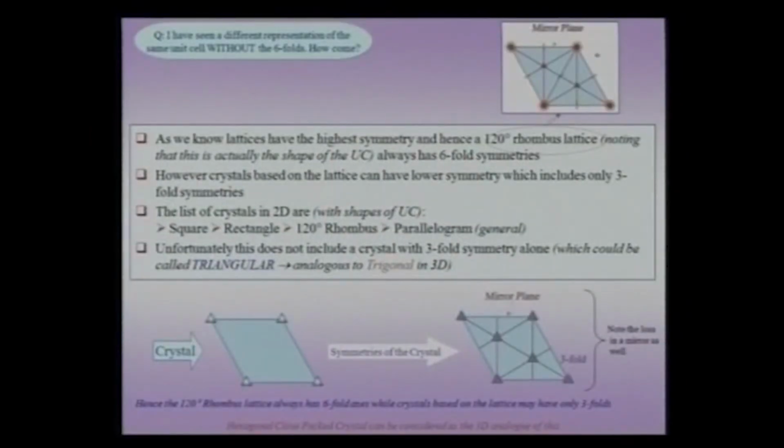Since there is only one term for hexagonal crystals, those hexagonal crystals contain those which have 6-fold symmetry and those without 6-fold symmetry. An interesting point to note is that I have used the term hexagonal, and for instance one example would be that the hexagonal close pack crystal can be considered as a 3-dimensional analog of this 2-dimensional hexagonal crystal.